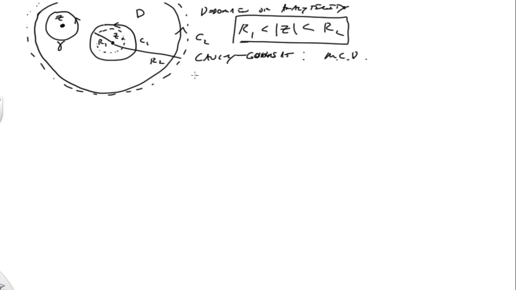So what we'll say is that now the integral over C2 of f of s over s minus z ds.